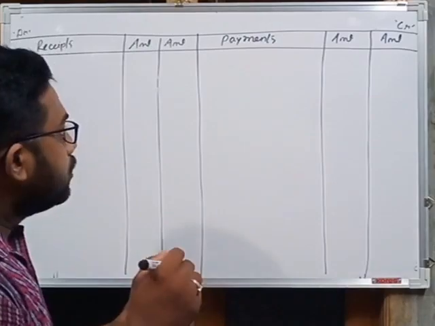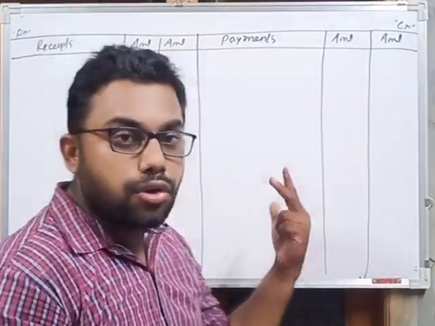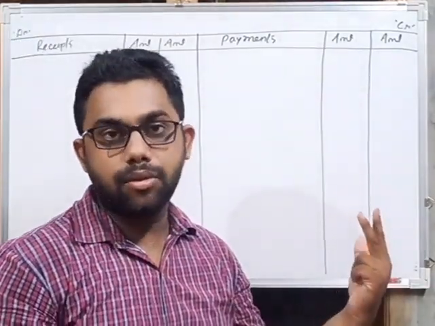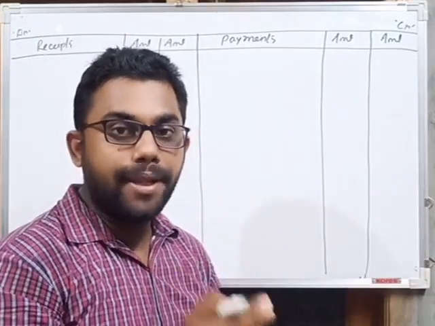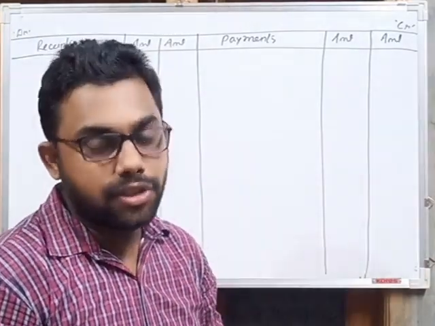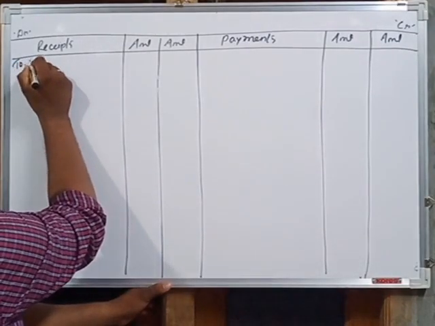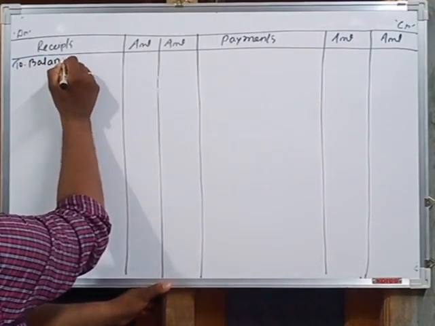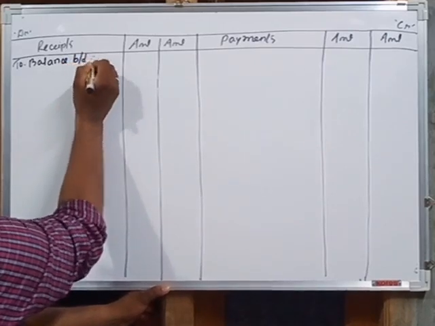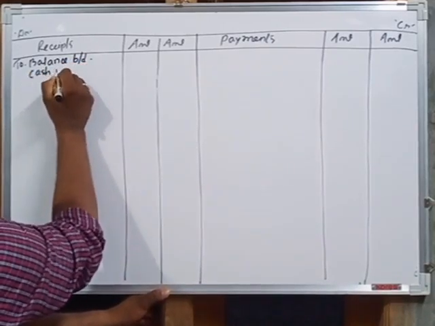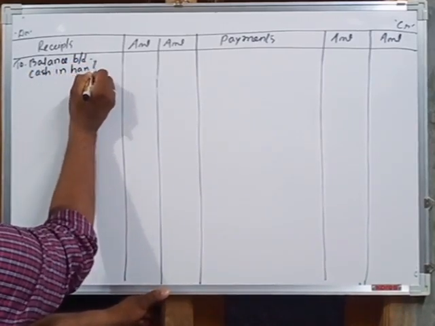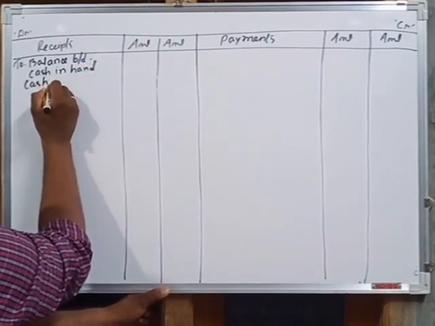Receipts and payment account always starts with the opening balance. What kind of opening balance? Opening balance of cash in hand and opening balance of cash at bank. So it always starts with To Balance b/d, cash in hand and cash at bank.